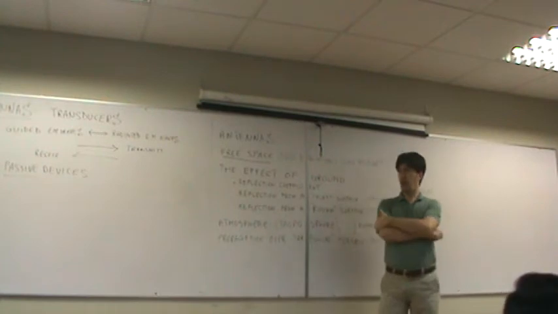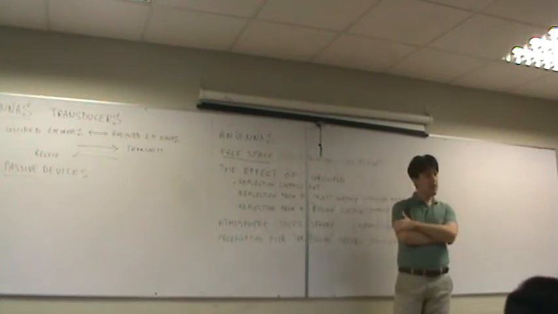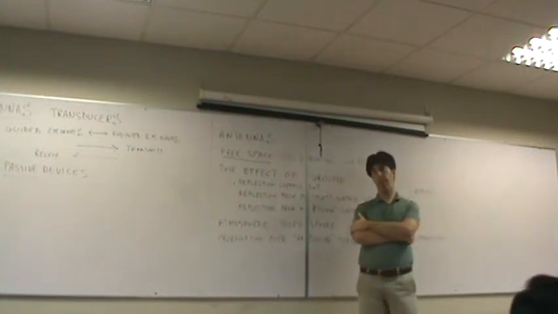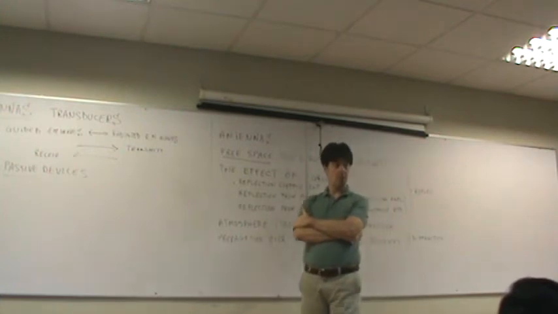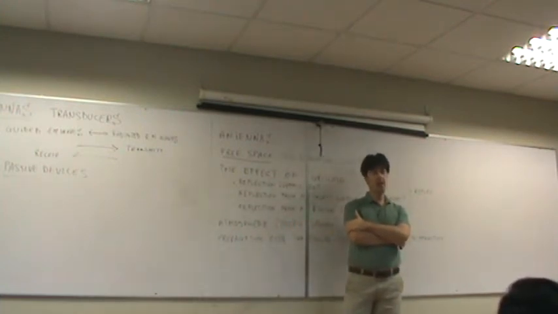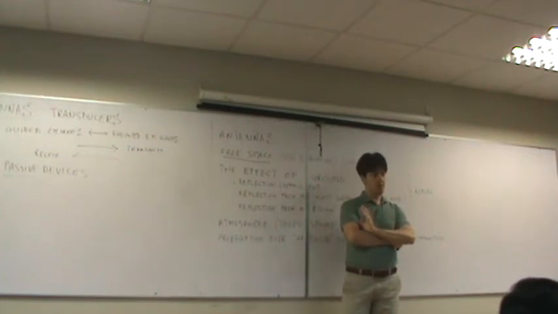So you have to understand the meaning of one important parameter, the gain of the antenna, la ganancia dell'antenna. It's very different from the gain of an amplifier, because an amplifier is an active device. The antenna is a passive device. So that gain, as will be clear in a moment, has a completely different meaning.